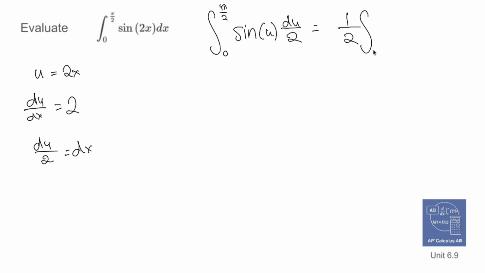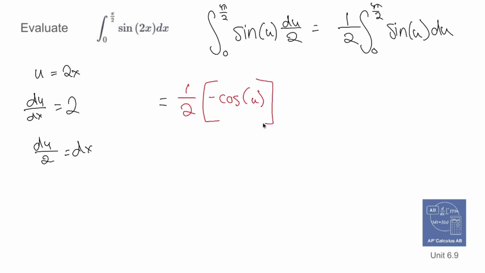So a half of the integral between 0 and pi over 2 of sine u du. Okay, the antiderivative of sine is, careful, negative cosine u, right? That 1/2 is still lingering.